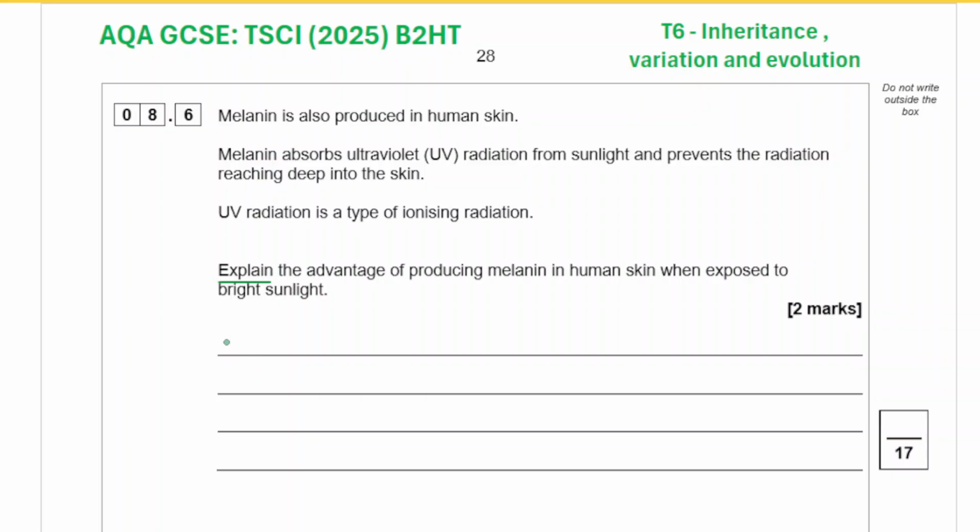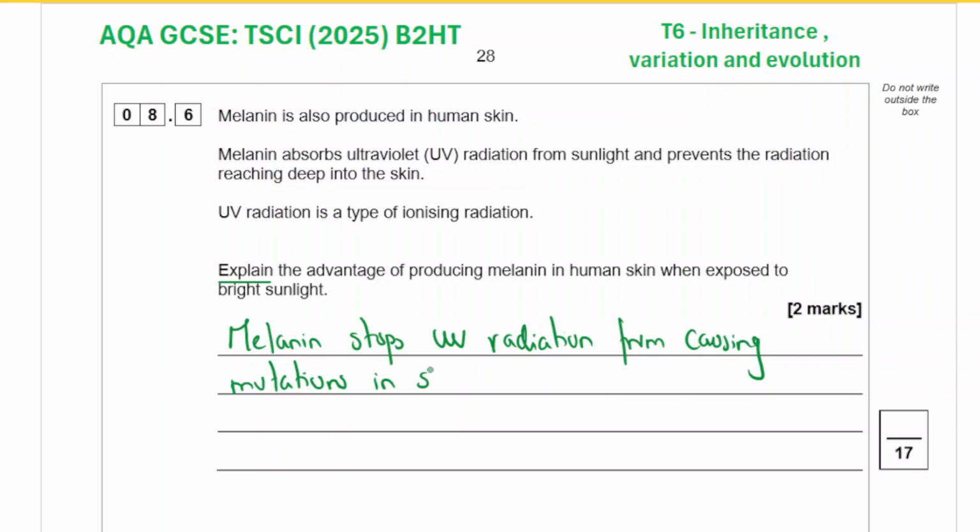Well, melanin stops UV radiation from causing mutations in skin cells, which can lead to skin cancer.